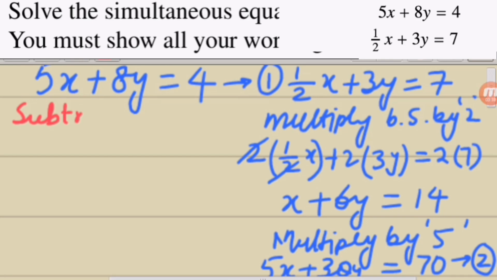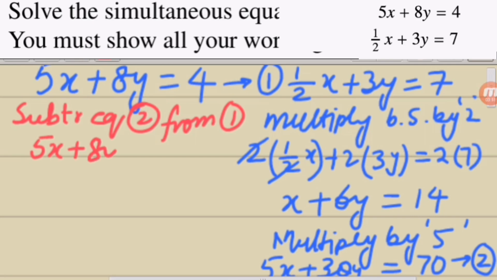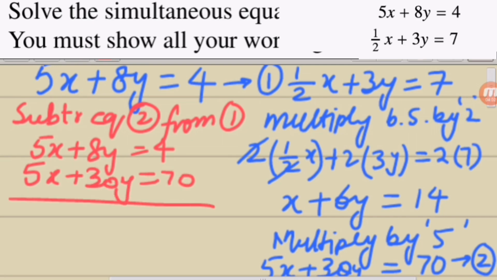Same sign means we subtract. Subtract equation 2 from equation 1. So we write 1 on the top, 5x plus 8y is equal to 4, and below it the second equation, 5x plus 30y is equal to 70.